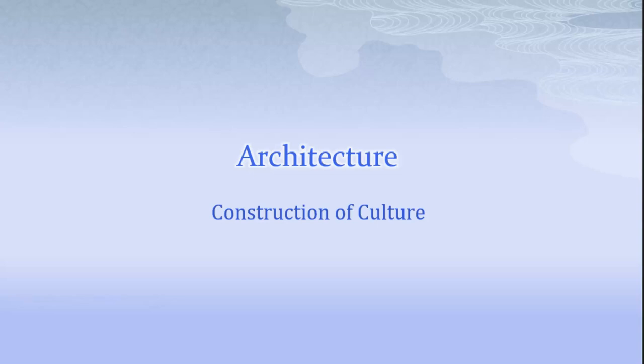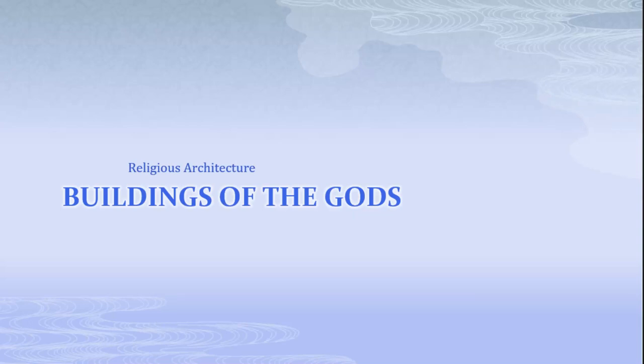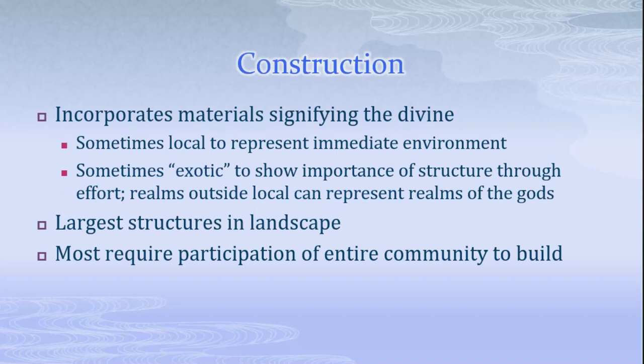But moving on, let's talk about architecture, because one of the big fundamental central pieces of religion is, where do you worship? And so when we talk about sacred architecture, we're talking about the buildings of the gods. And the construction of these sites will incorporate all of the things that signify and or are important to the divine, right?